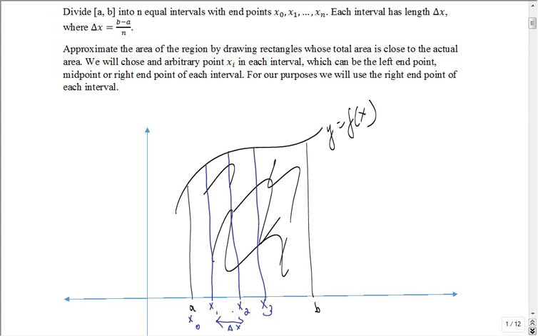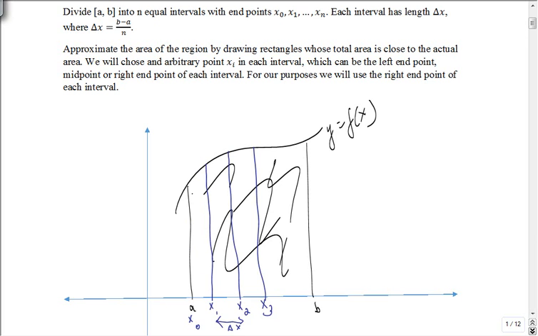So how did we approximate that region? We drew rectangles whose total area was close to the actual area. You chose an arbitrary point within the rectangle. It could be the left endpoint of each rectangle, the right endpoint, or somewhere in the middle. For our purposes, let's use the right endpoint.